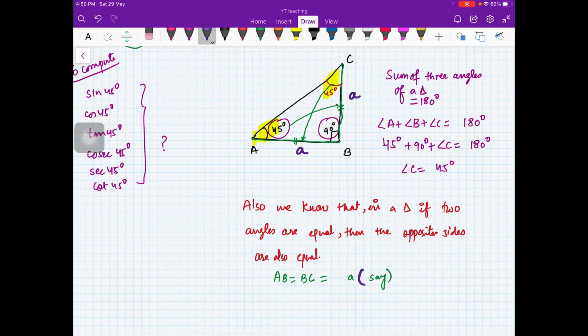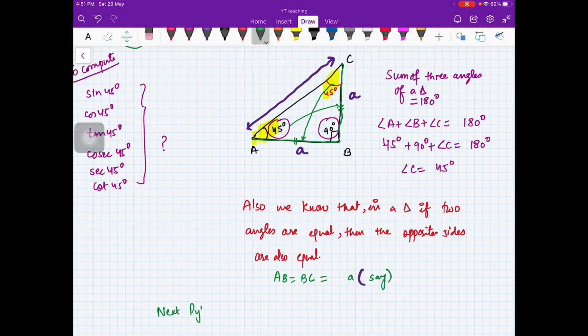Okay, now what can you say about AC? Think about it. If you know the two sides of a right angle triangle, can you find the third side? Yes. How? You can use the Pythagoras theorem.